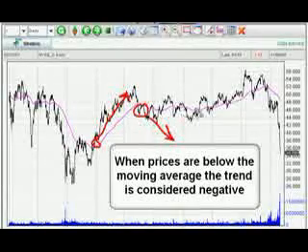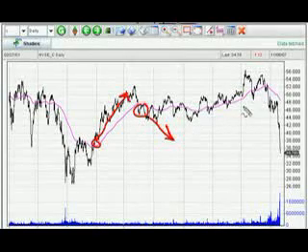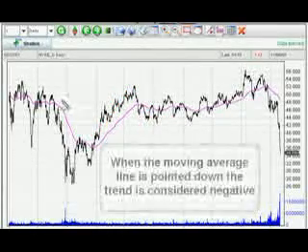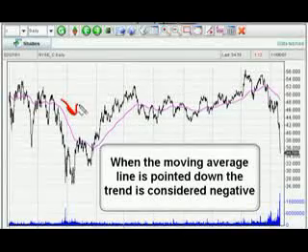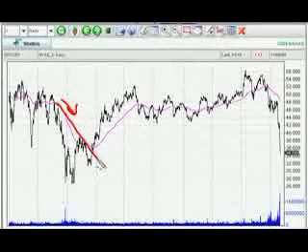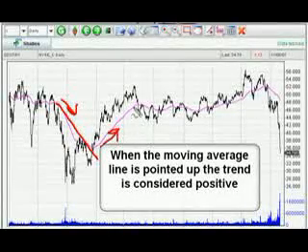Now obviously you can see with this type of wide moving average you get a lot of whipsaws. Now the other way of using moving averages is this way. When a moving average is pointed down, it means the trend is down, and of course that also can lead to whipsaws, and when it's up, the trend is up.